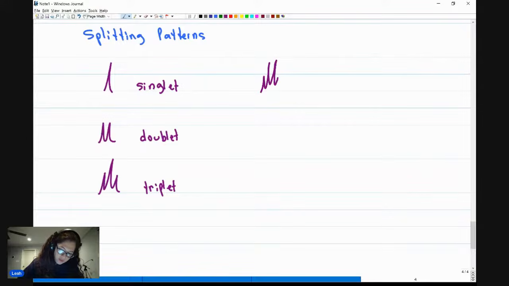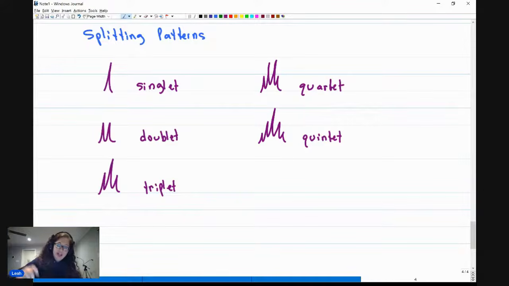If we have 4, quartet. If we have 5, this is a quintet. Once you get past 5, they tend to get lazy. I have seen sextet and septet, but typically they'll just draw something really messy and call it a multiplet. And the multiplet, depending on your professor, is going to be anything greater than or equal to 5 peaks. It's just got multi. It's got a lot.